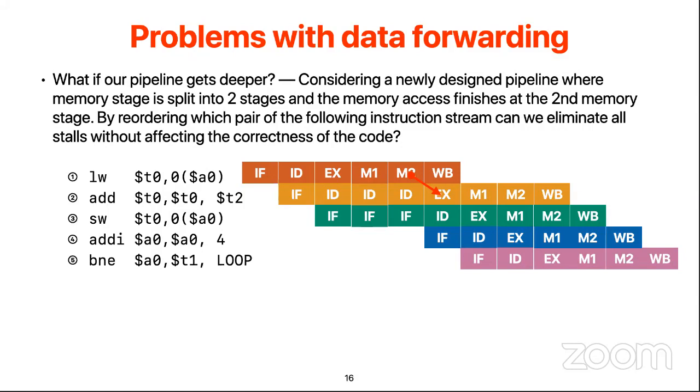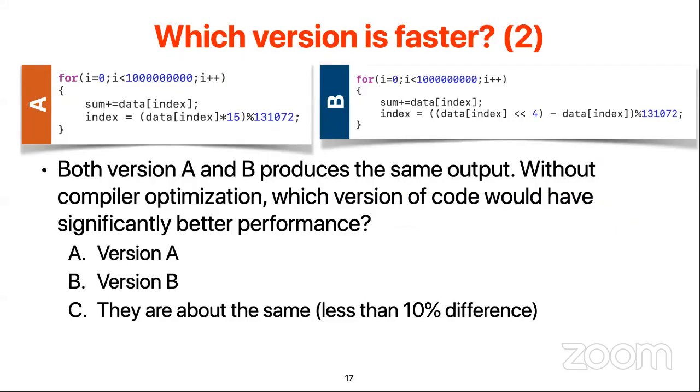Okay. If not, then even though I have data forwarding, we still cannot solve all the issues, and this sets up the stage for some topics that we will talk about after the midterm. But at this point, all you need to remember is that even though we have data forwarding, data dependency would create an issue, and that drives us back home to the question that I asked you before.